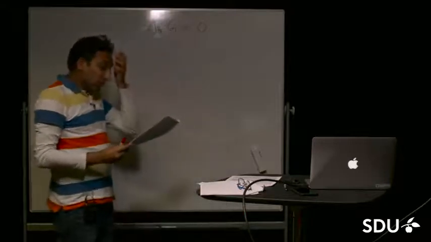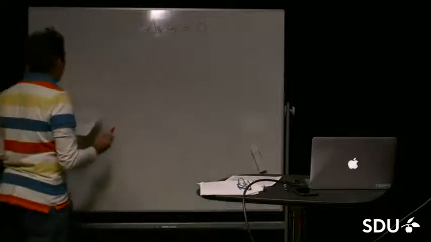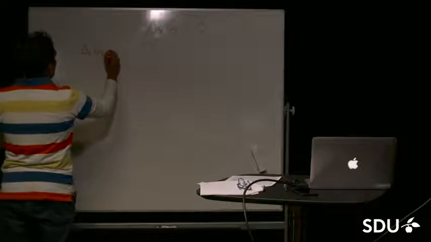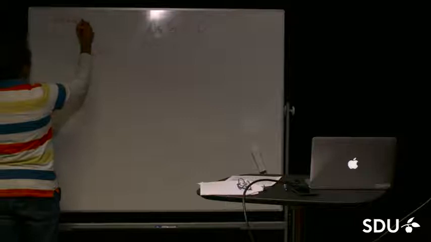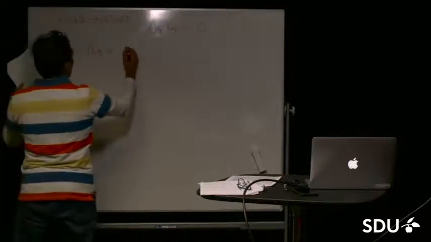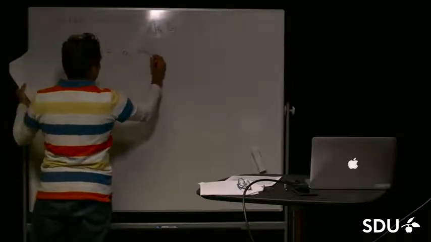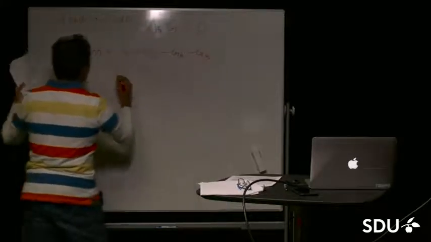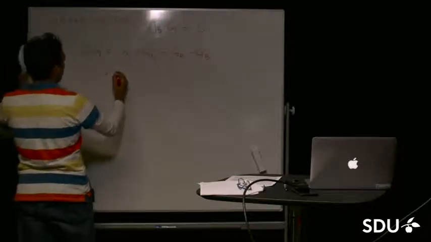So, let us see how the reaction Gibbs free energy changes with respect to composition. The reaction Gibbs free energy for the reaction that we just wrote, where A moles of A react with B moles of B to produce C moles of C and D moles of D, can simply be written as the Gibbs free energy of C plus the Gibbs free energy of D minus the Gibbs free energy of A minus the Gibbs free energy of B. And these can be written in terms of the number of moles and the chemical potential.